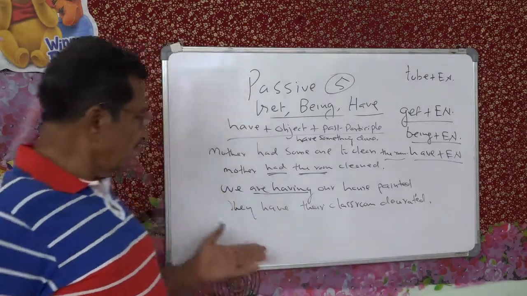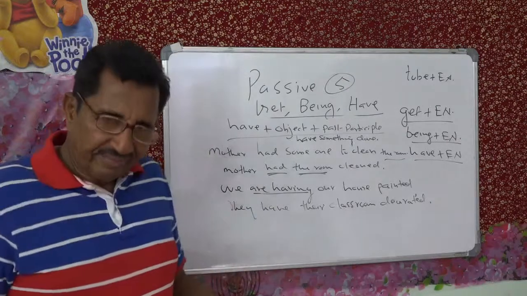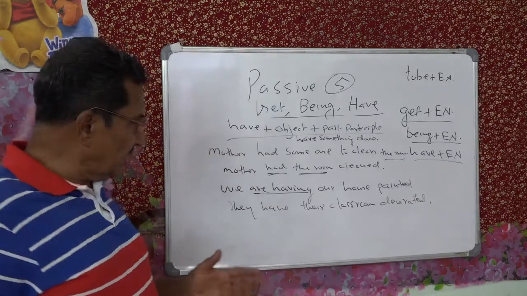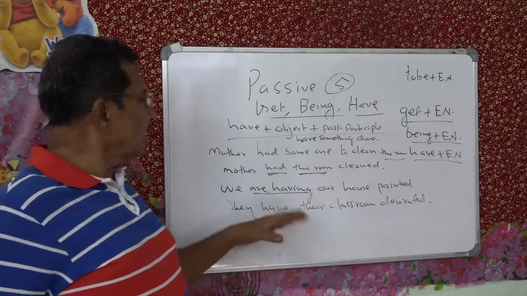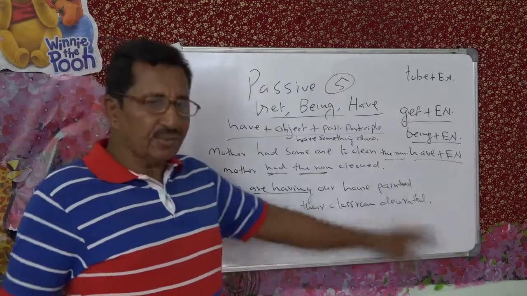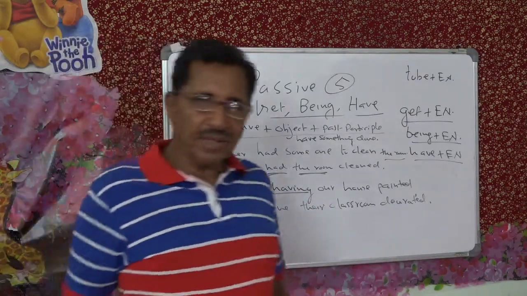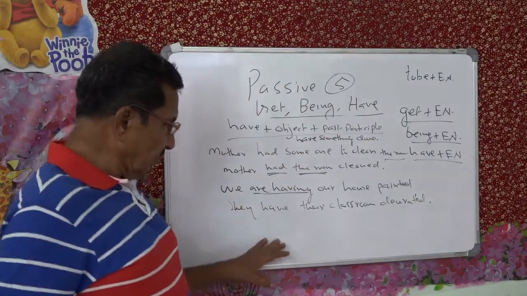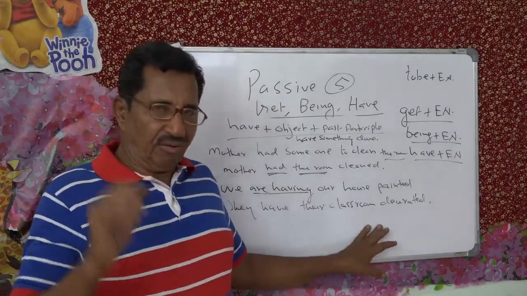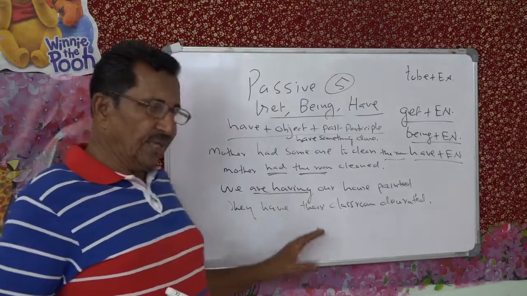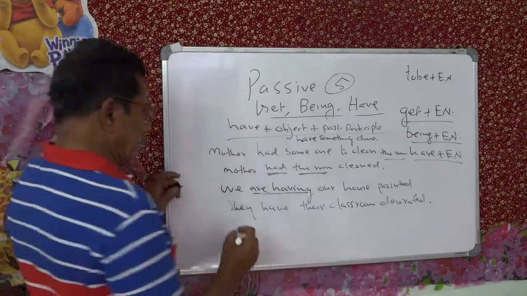In other words, if you say it explicitly, you can say like this: they have somebody to decorate their classroom. That sentence you can write like this, a stylistic way of writing. Alright, I will write the sentence for you.